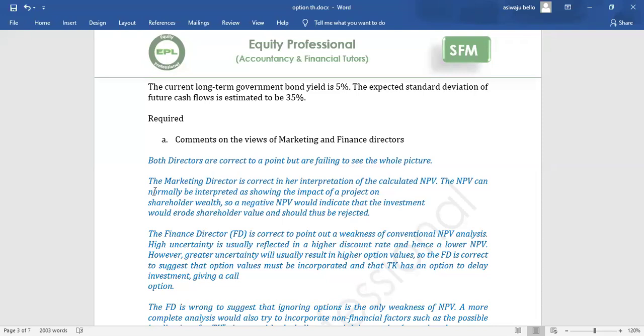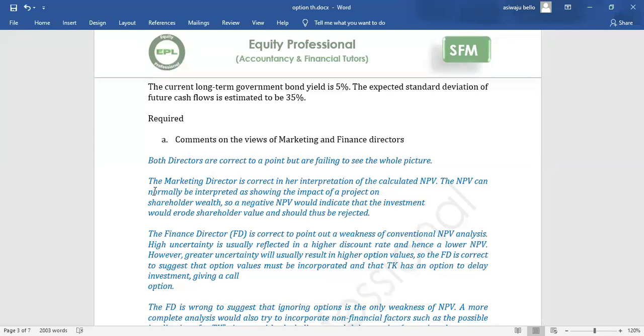The NPV can normally be interpreted as showing the impact of a project on shareholders' wealth. So a negative NPV will indicate that the investment will erode shareholders' value and should be rejected.